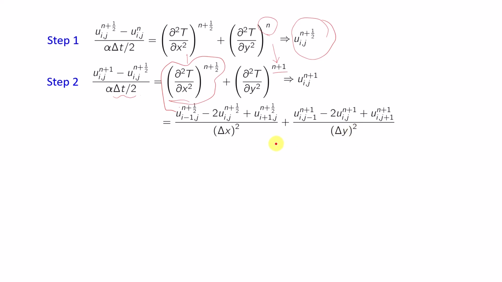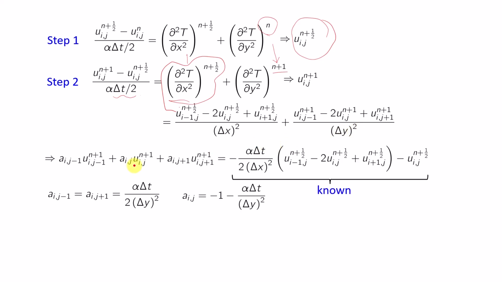So if I bring the n plus 1 terms to the left hand side and keep the remaining part on the right hand side, you can see that all the terms on the right hand side are at the n plus half time level, which means they are all known. I have solved them in step 1. Now look at the left hand side. Here I have 3 unknowns per equation, and therefore we should be able to solve it using a tridiagonal solver.